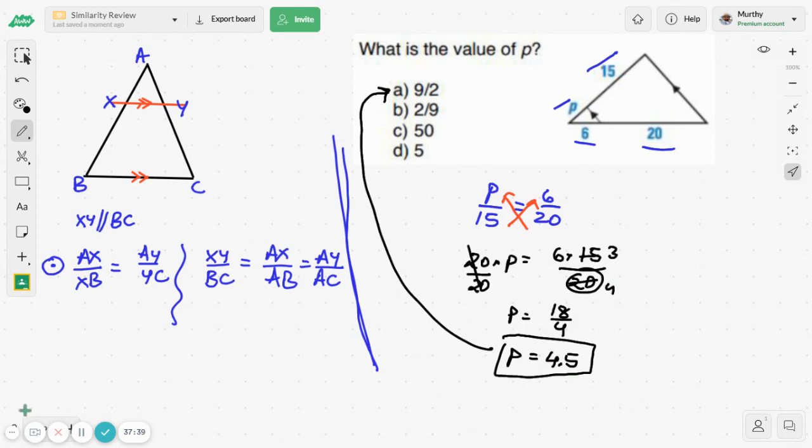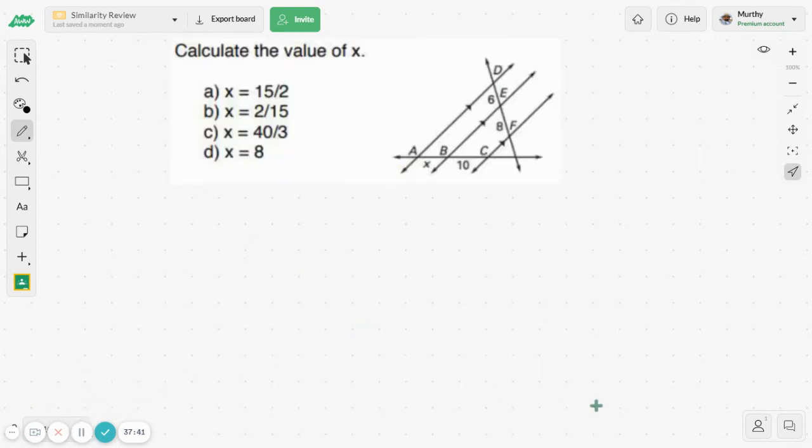Then coming to the next question. This is something similar to the previous one. Here I see that X and next one is 10, and here it is 6 units, and here 8 units. So it's pretty simple.